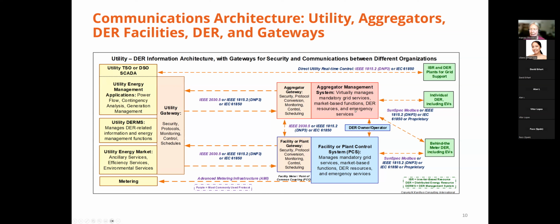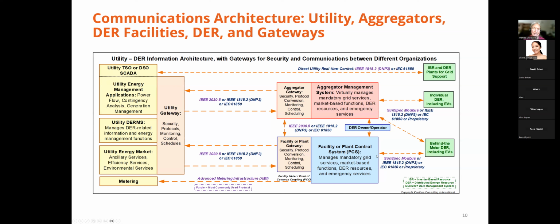And then it is those aggregators or facilities that actually monitor and control the DER. And often they use SunSpec Modbus or Modbus in general to actually interact with DERs.